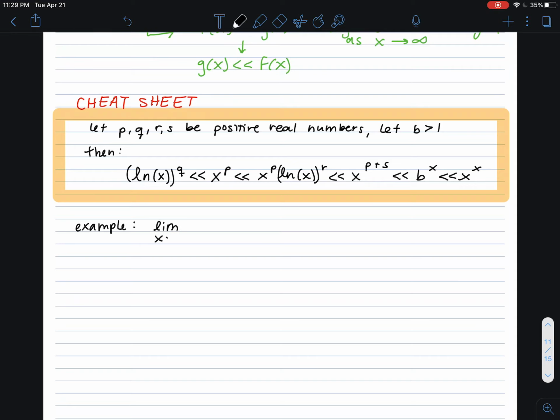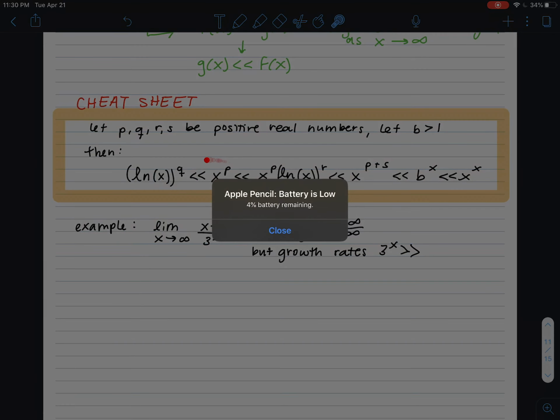If we're taking a limit as x goes to infinity of x cubed over 3 to the x, plugging in yields infinity over infinity, but with growth rates, we know that 3 to the x, which is of this b to the x form, grows faster than x to the third, which is of this x to the p form.